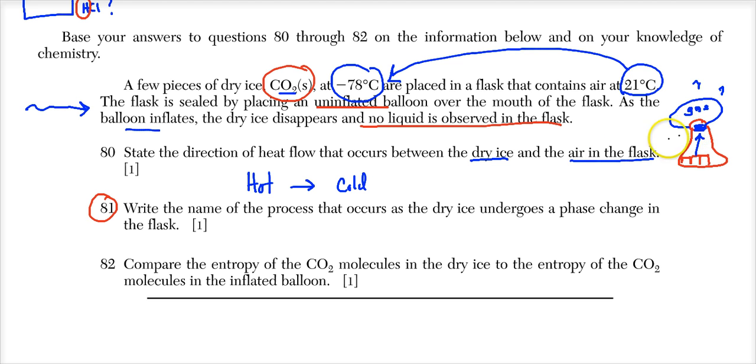So what they're looking for is the name of the process or the phase change where a solid goes directly to a gas. And that is what they're after in this question. And of course, the name of a solid going to a gas is sublimation.